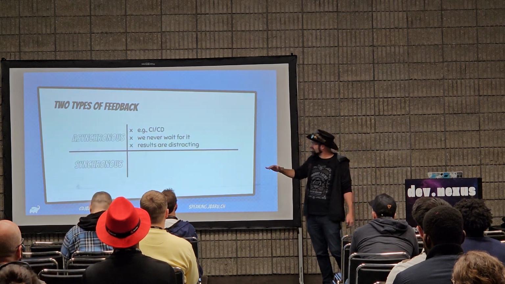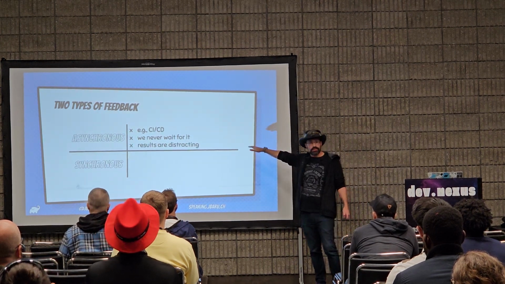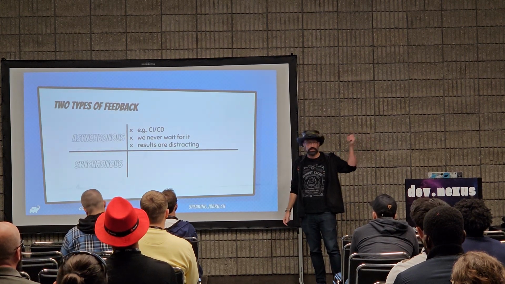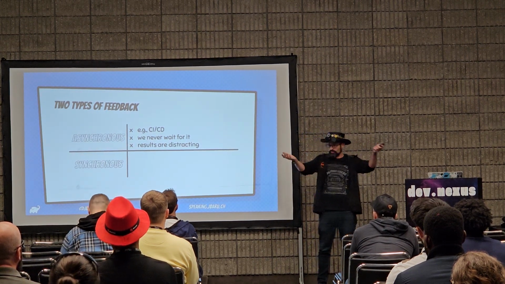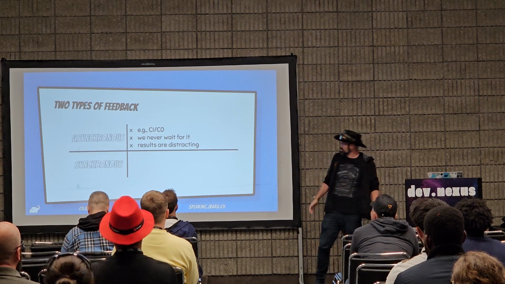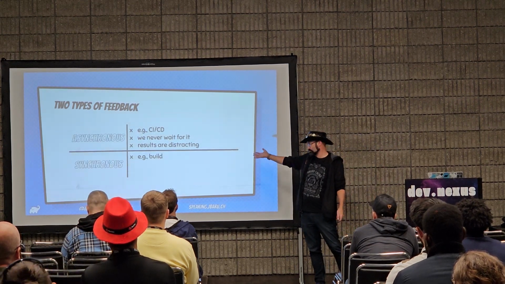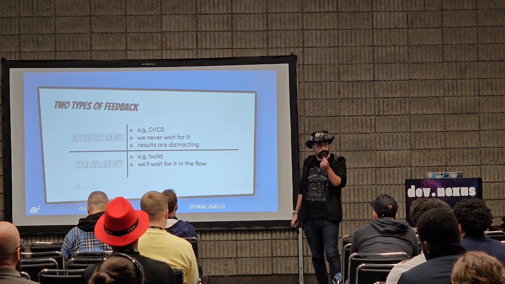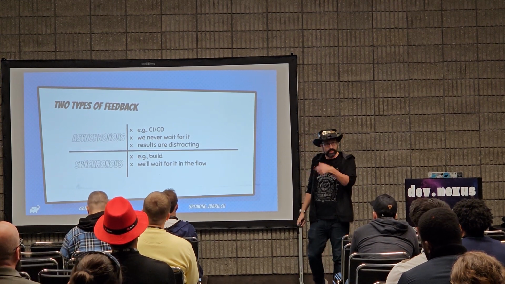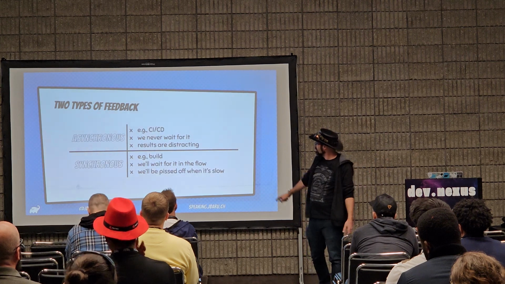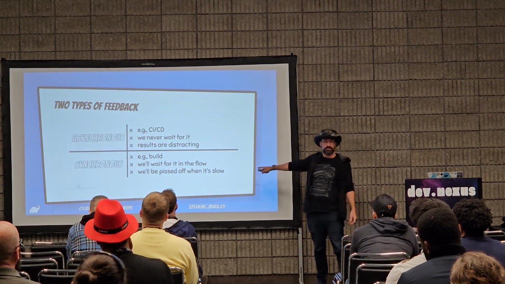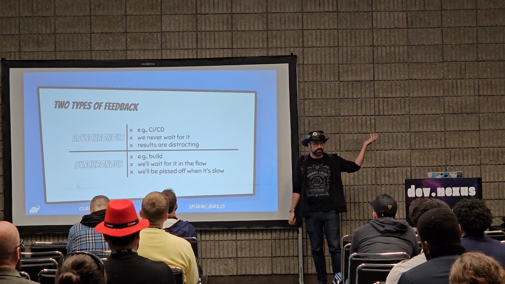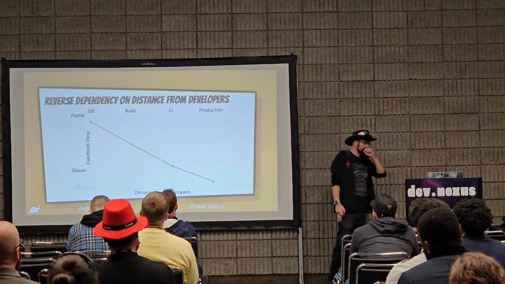You don't wait for it, but if your CI failed and you need to switch back to it, it is very distracting because you do a context switch, so it's not fun. Synchronous, for example, build, we will wait for it while we are in the flow because it's the same process, but we will be really upset when it's slow. We do the context switch, hello, 25 minutes context switch, right?